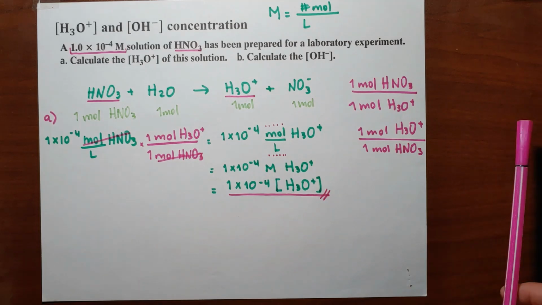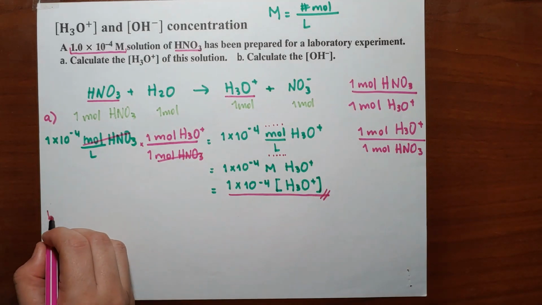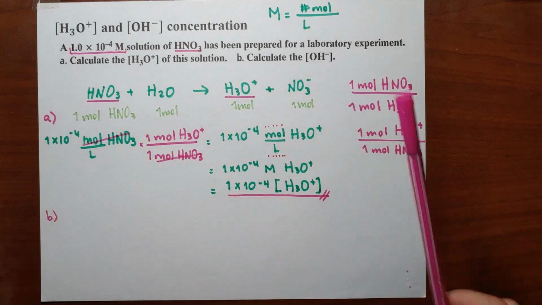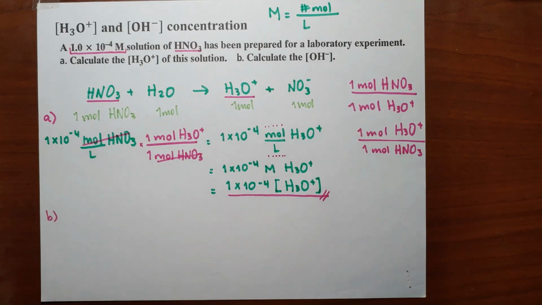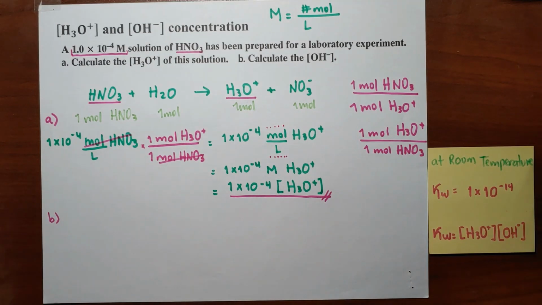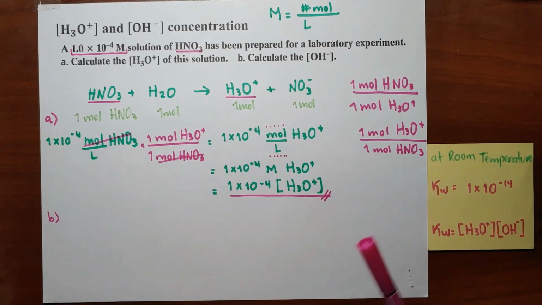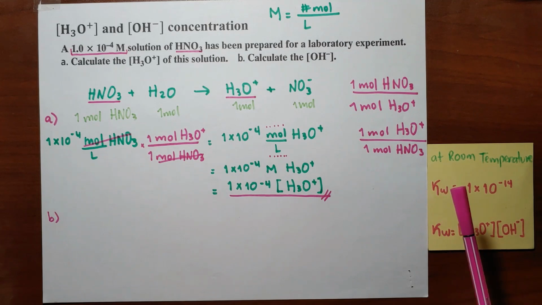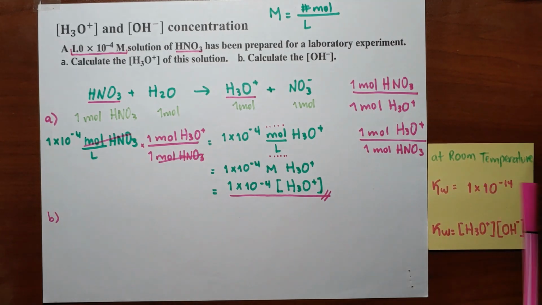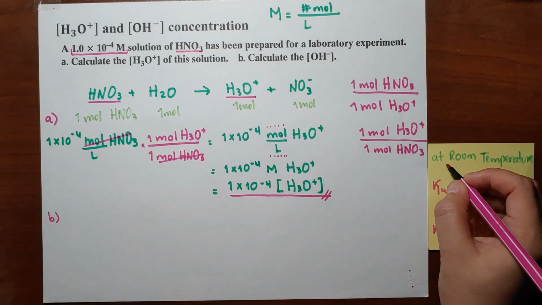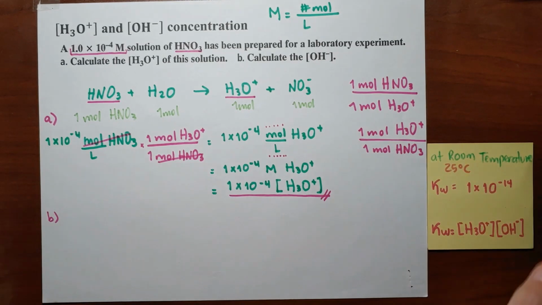Now, for the part B, that they are asking you to find OH minus, okay, we have a formula. Okay, so we have the formula KW. That KW means K is for constant, W is for water. So this is the ionization constant for water at room temperature. What is room temperature? 25 degrees Celsius.